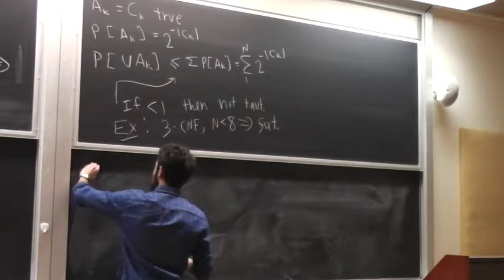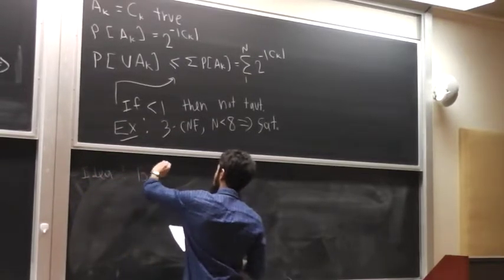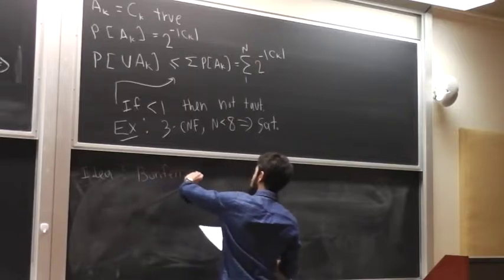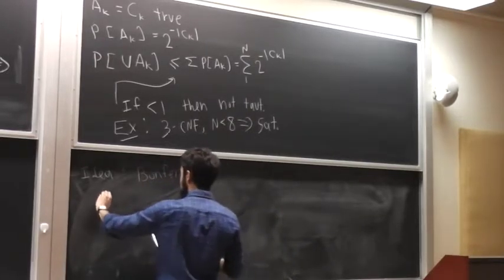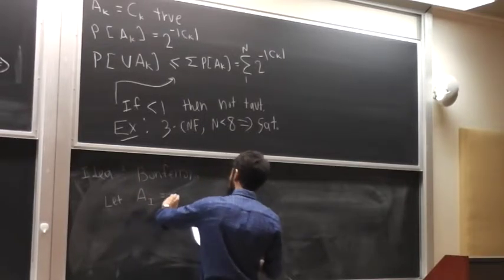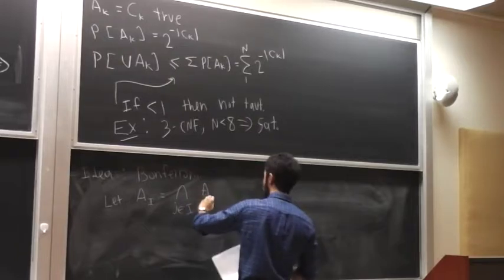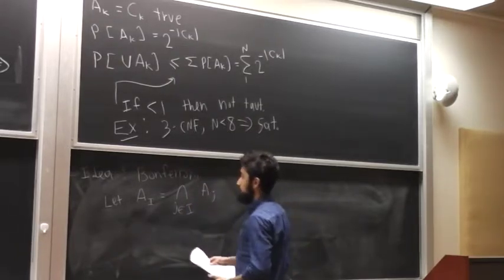So the idea is, first of all, let me define A sub capital I to be the intersection over J belonging to I of A sub J. So this is just notation.